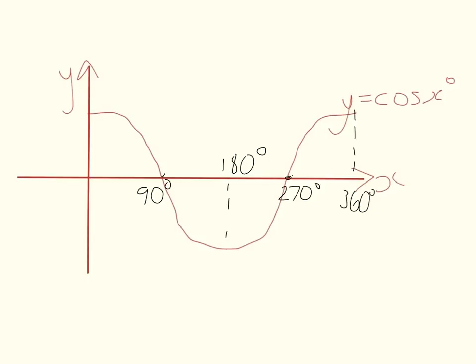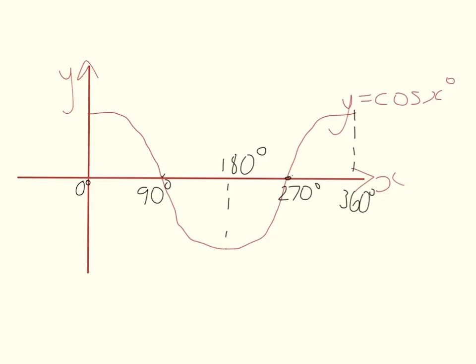So similar to before, we're interested in the multiples of 90. At 90, it cuts the axis. At 180, we've got a minimum. At 270, it cuts the axis, and at 360 and at 0, we've got a maximum value.